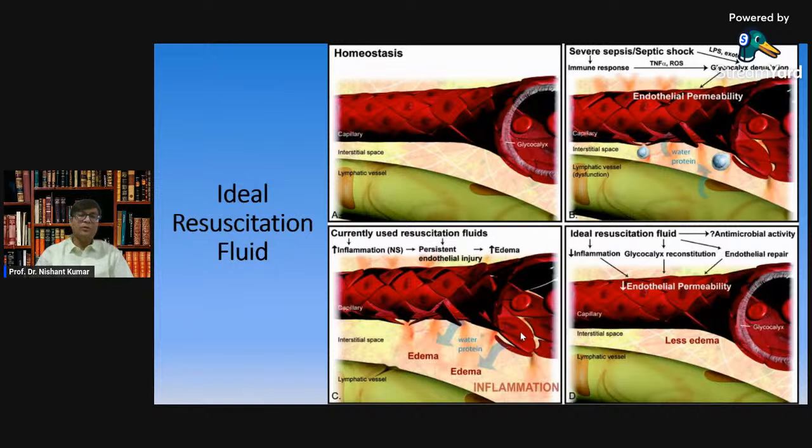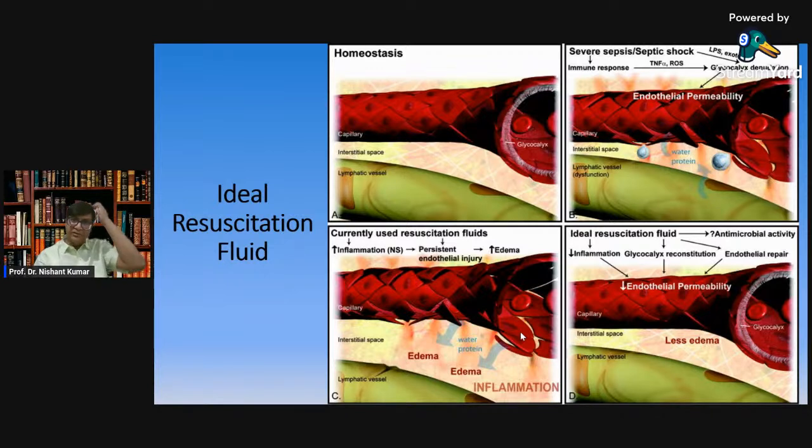Now, what would one describe as an ideal resuscitation fluid? We all know that in homeostasis the interstitial space is small, but because of severe sepsis, septic shock, and the inflammatory markers, there is endothelial permeability, and water leaks into the interstitial space. There is also dysfunction in the lymphatic vessels, which leads to less reabsorption and again leakage of lymph fluid from the lymphatic vessels into the interstitium.